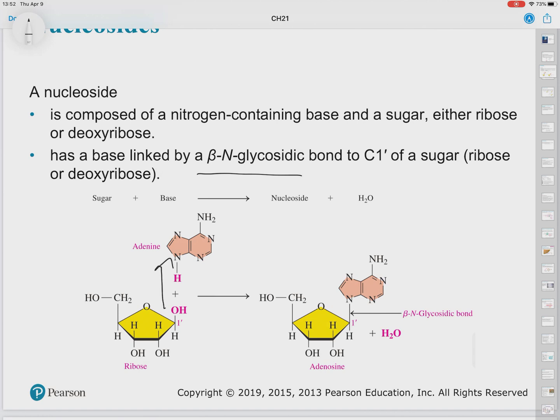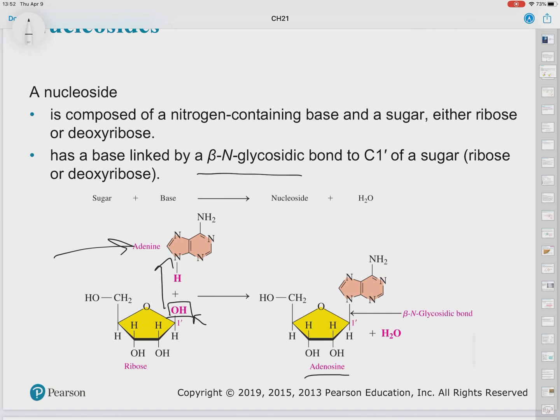We're calling it an N glycosidic bond because it's attaching to an N of the nitrogenous base. And it's beta because the OH is up. So beta-N glycosidic bond.